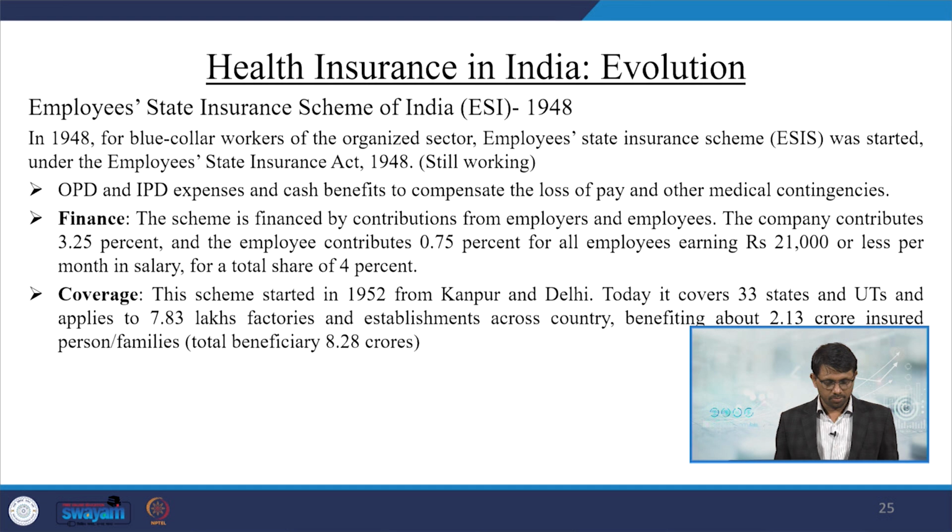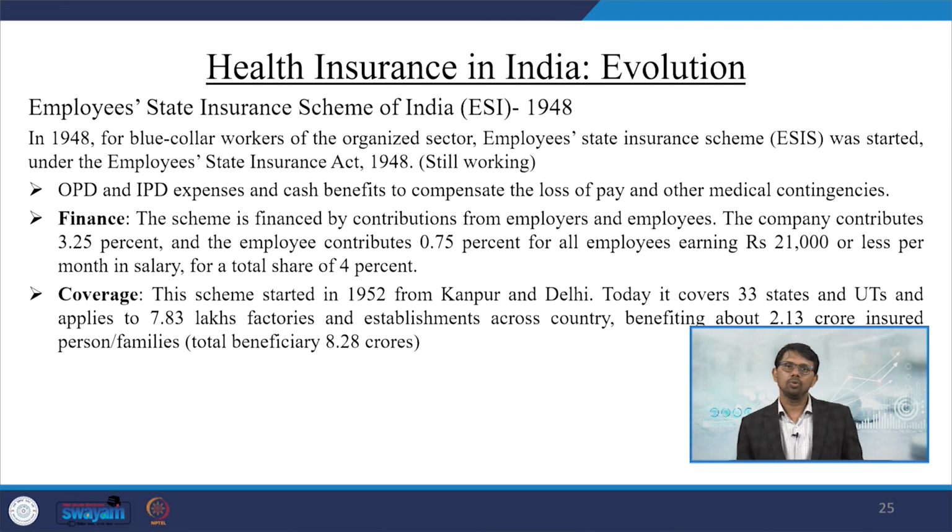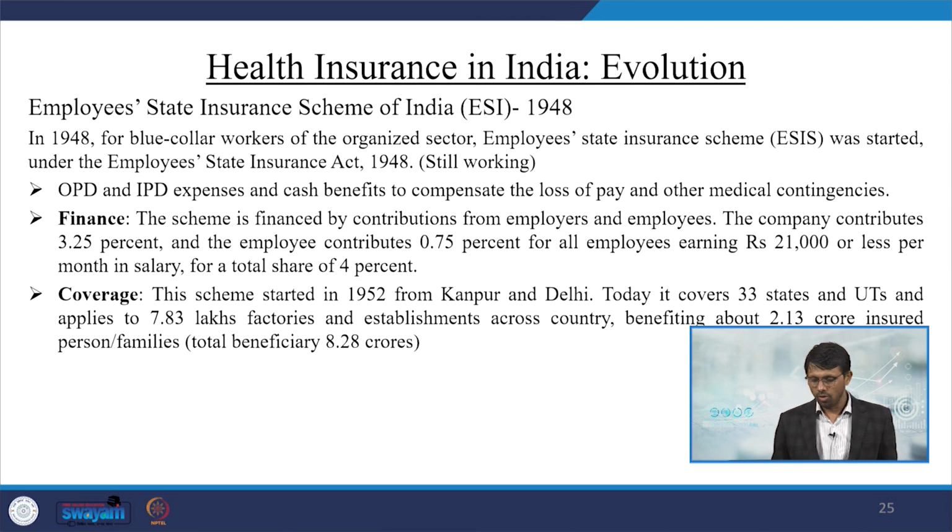There are some financing and coverage aspects we discussed. The scheme is financed by contributions from employers as well as employees. The company contributes around 3.25%, and the employee contributes 0.75% for all employees earning rupees 21,000 or less per month in salary, for a total share of 4%.